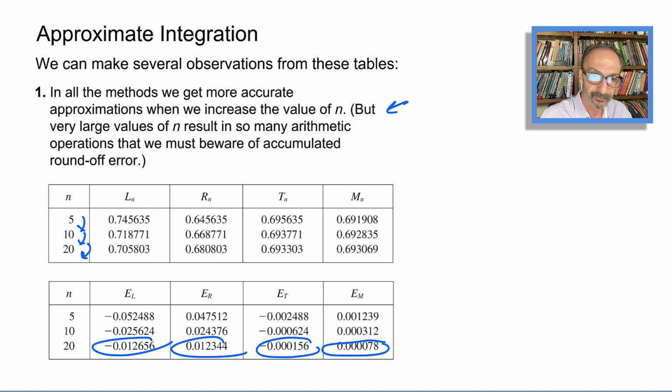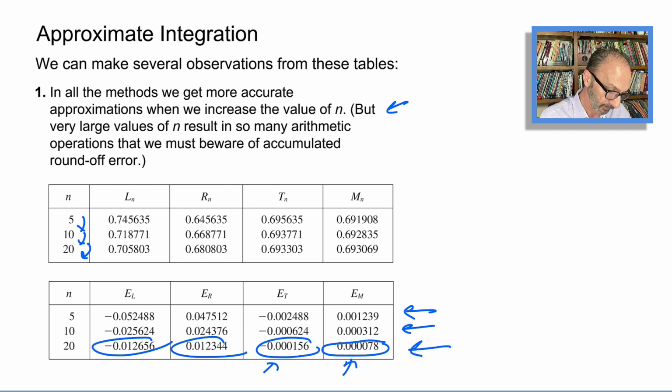Not only that, but look at the errors. The amount of error gets smaller and smaller. If you compare the first line to the second line to the third line, look at this right here. It's very small: 0.0000, that's 4 zeros, 78. Over, or actually under, to be added, and that's a negative number with 3 zeros.